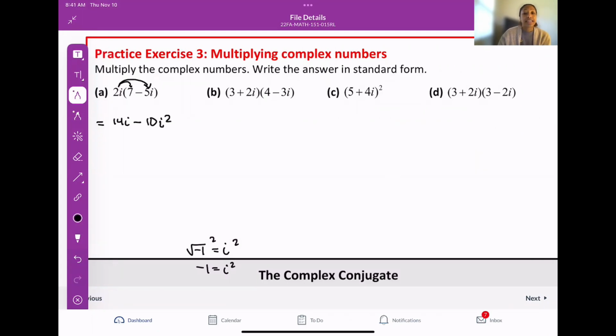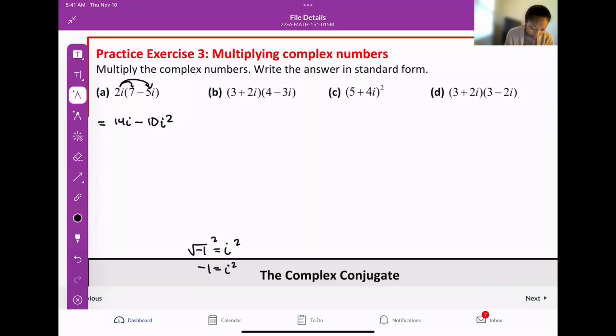This would be 14i, not negative. 14i minus 10 times -1. So i squared equals -1.